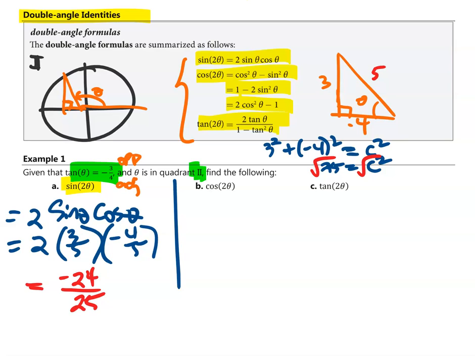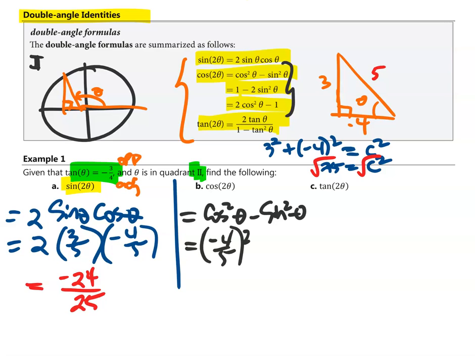Letter B, cosine 2 theta. So let's use the first one. Again, these are all equivalent. So let's use the first one, cosine squared theta minus sine squared theta. Cosine theta, adjacent over hypotenuse, that is negative 4/5 squared, and sine squared theta, opposite over hypotenuse, that is 3/5 squared.